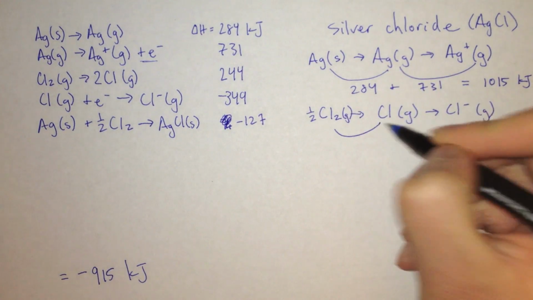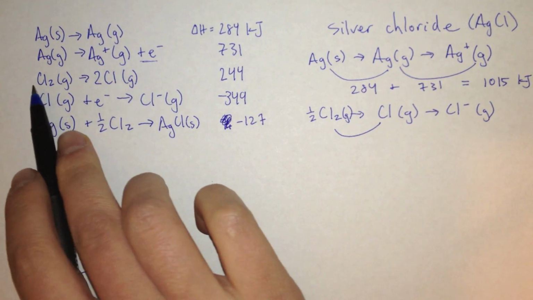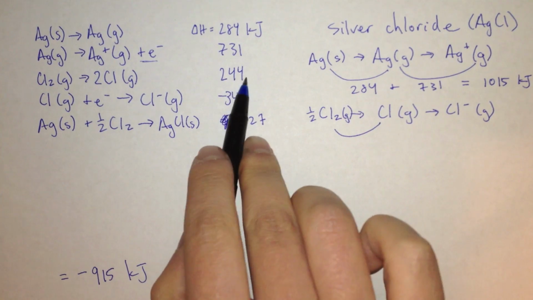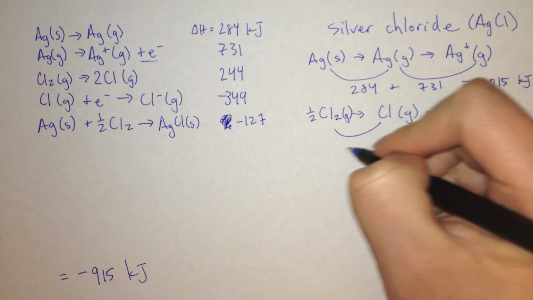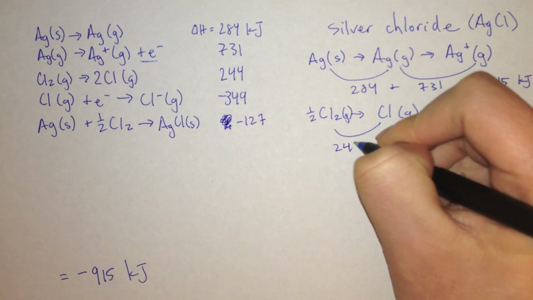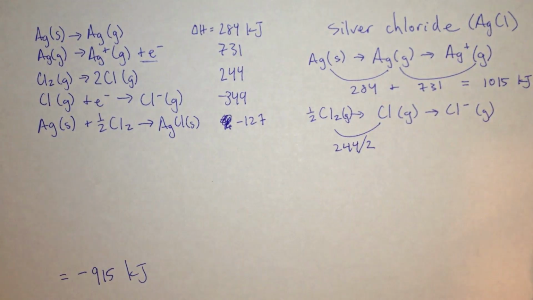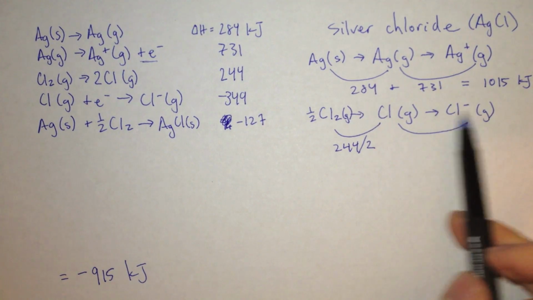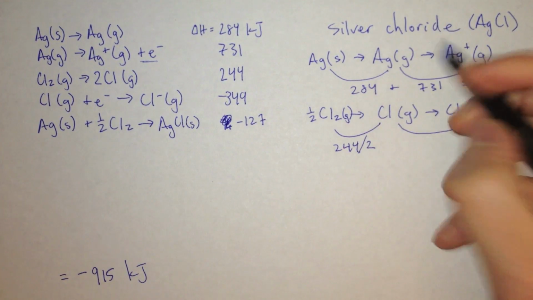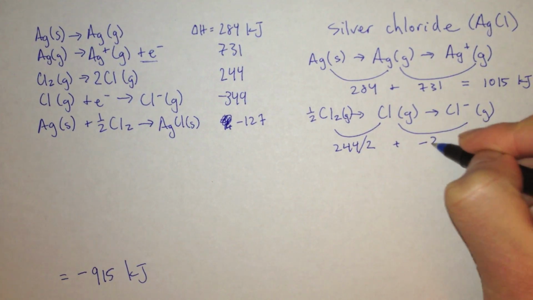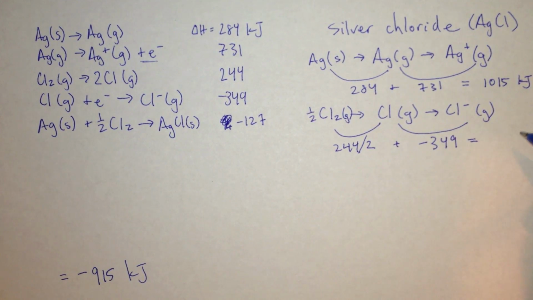Same thing with the chlorine, breaking up the diatomic bond. It's 244 if you want two chlorines at the end, but since we only want one, we're going to do 244 over 2. And from chlorine gas to a chlorine ion is this equation, which is negative 349. And the sum of those is negative 277 kilojoules.